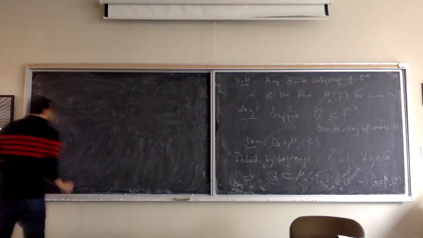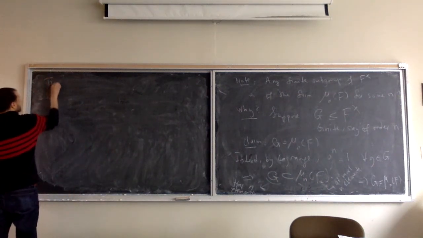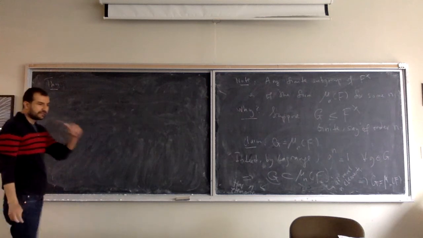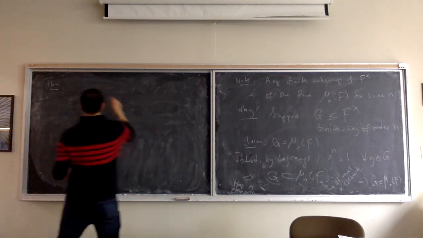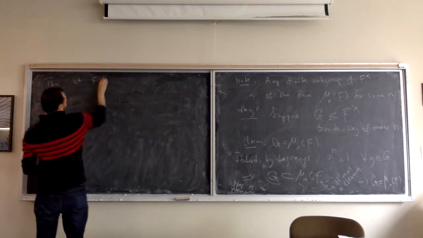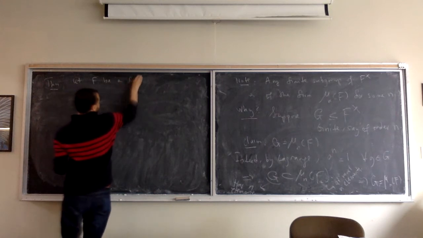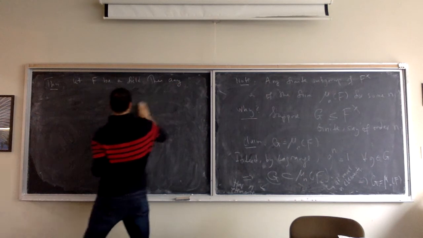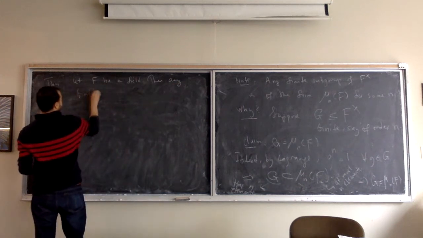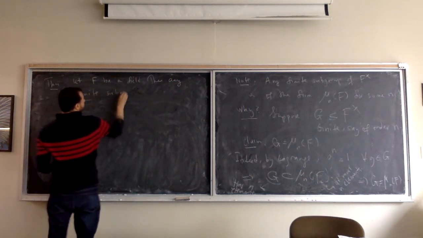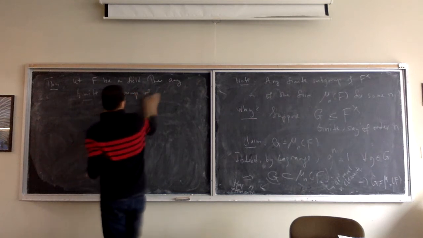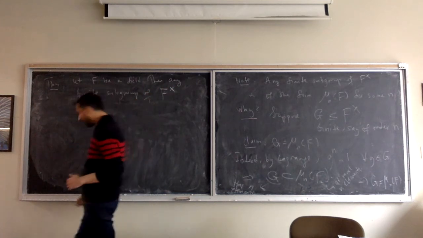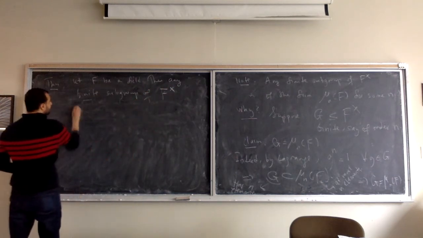Now, here's the theorem that we're going to show: for any field F, let F be any field, then any finite subgroup of F star is cyclic.